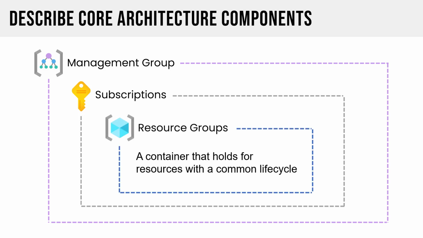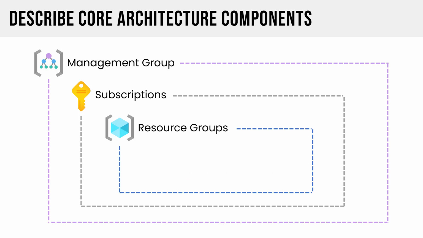And then resource groups are containers that hold resources with a common lifecycle. Common lifecycle is the key there. And then, of course, your resources are contained within the resource group. The resource group lives within exactly one subscription. So multiple resources in a resource group, that resource group resides within exactly one subscription.